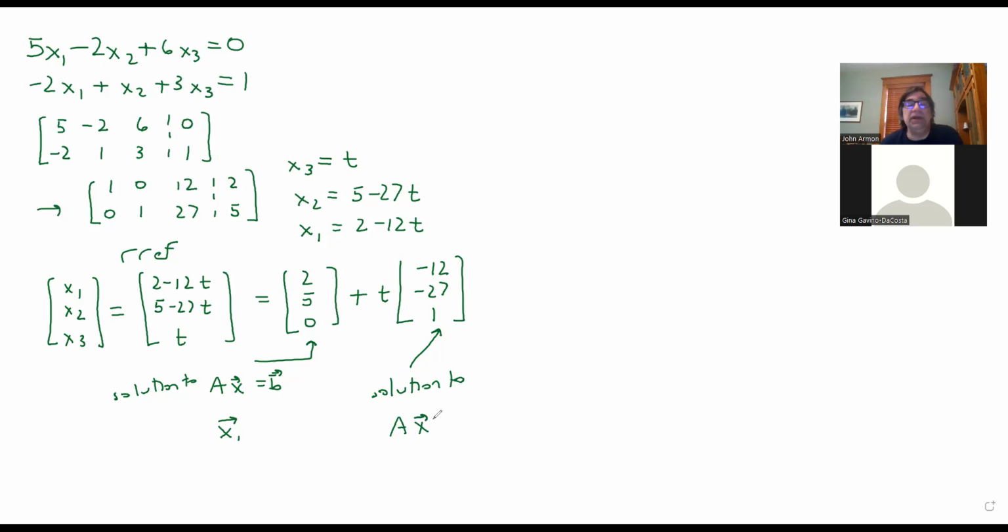the associated homogeneous system. Now to show that, if you start with the original system again, but use zeros instead of the 0 and the 1. Your matrix will look pretty much the same, except this entry here will be a 0 instead of a 1.